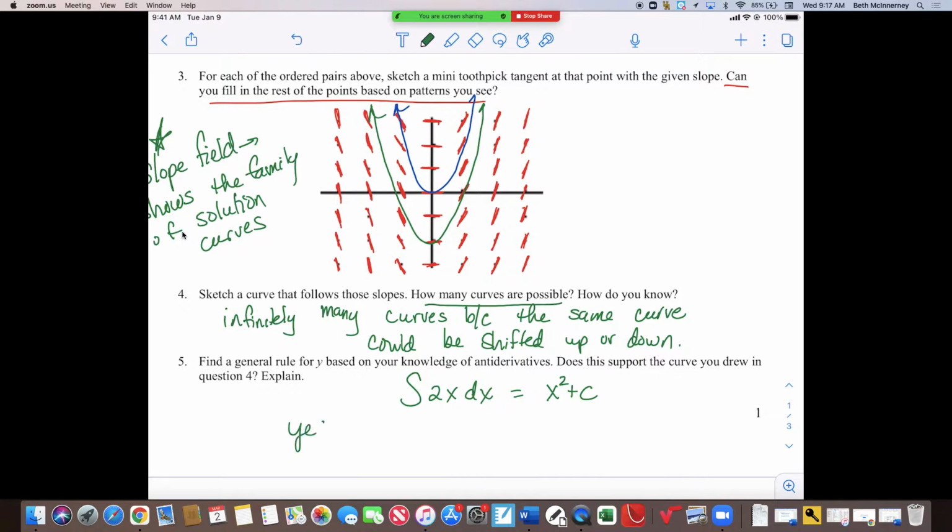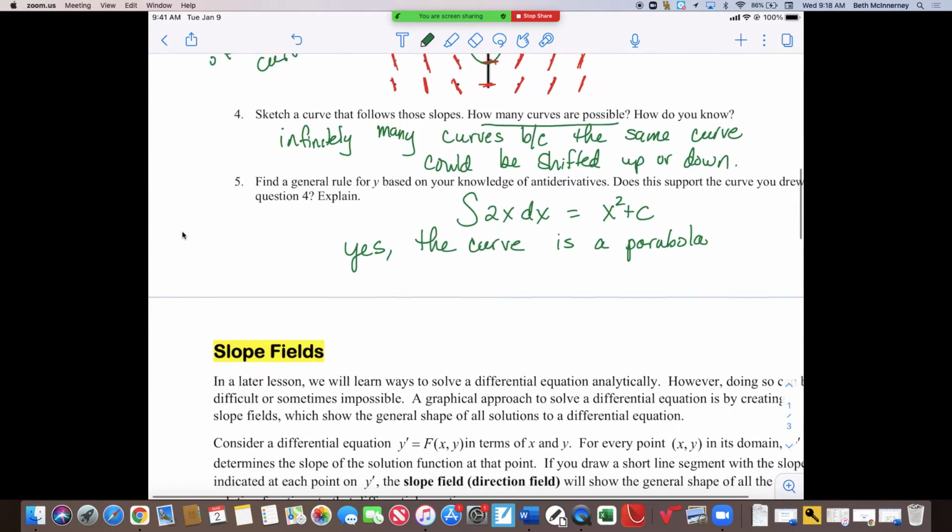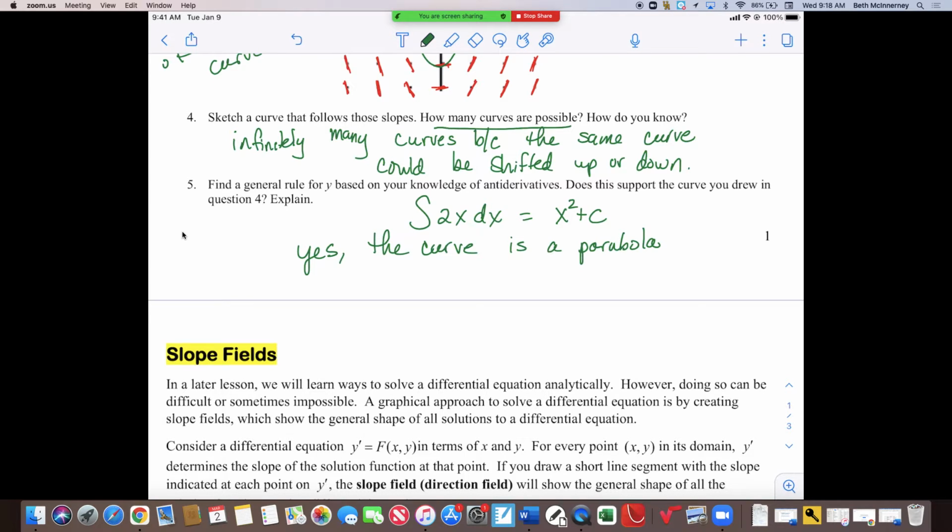So yes, the curve is a parabola. And the plus c represents different possible y-intercepts.